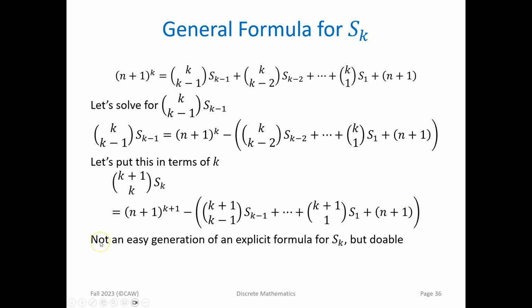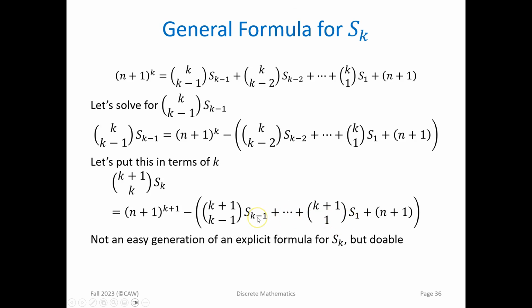This is not an easy way to generate an explicit formula for S sub k. You would have to algebraically plug in all the previous. So if you wanted to pick S sub 5, let's pick a little higher, S sub 7. Well, you're going to have to know S sub 6, S sub 5, S sub 4, S sub 3, S sub 2, all the way to S sub 1.